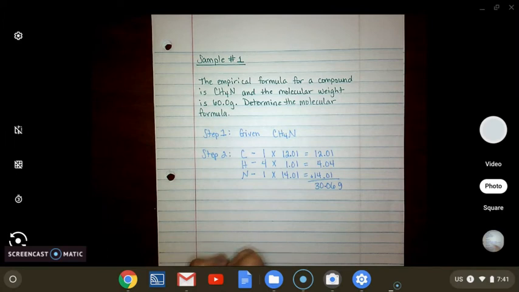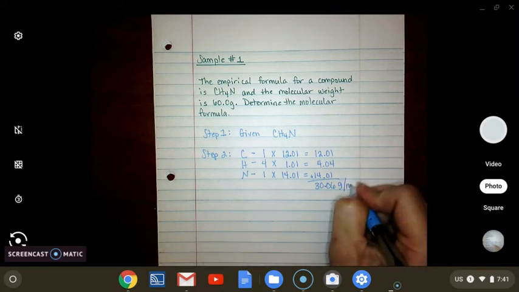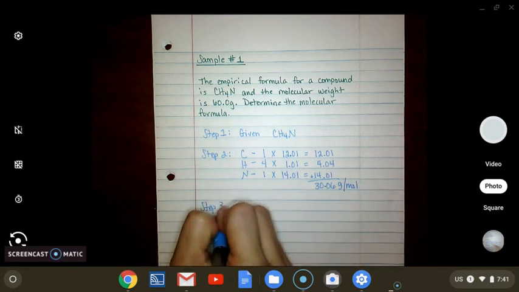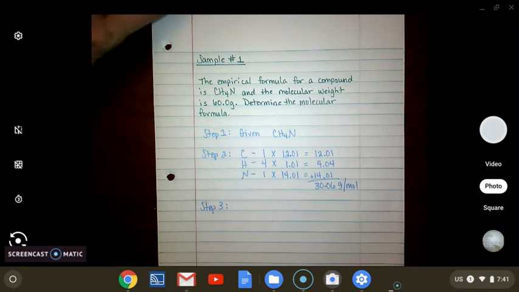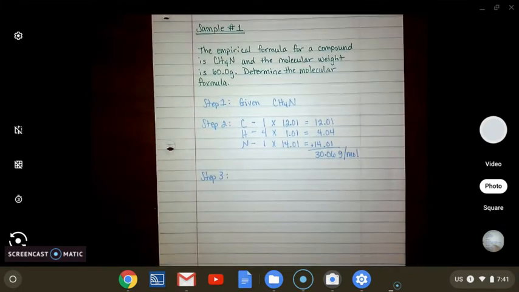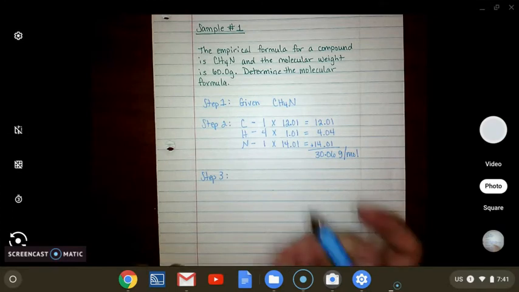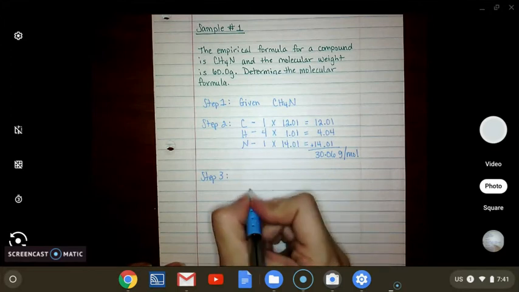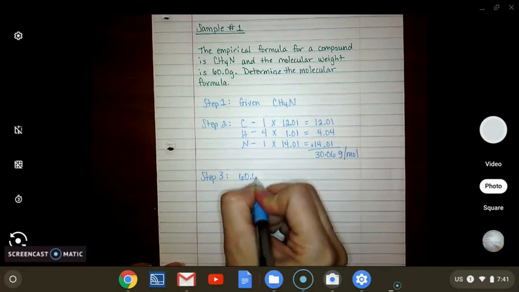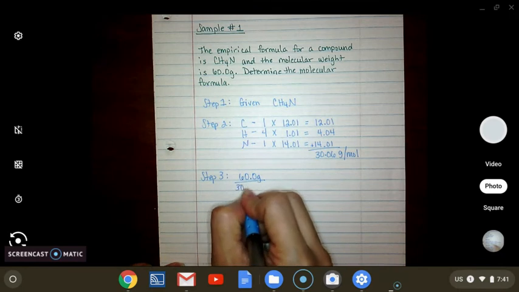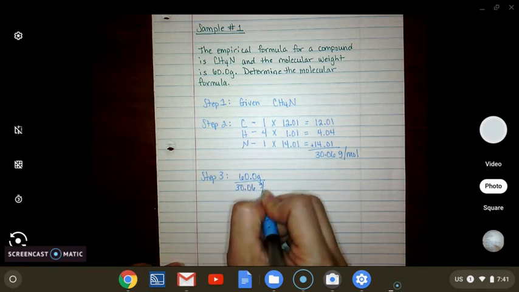This is grams per mole. All right, then step 3. You're going to take your molecular weight or formula mass, which is 60.0 grams, and you're going to divide by the 30.06 grams per mole.